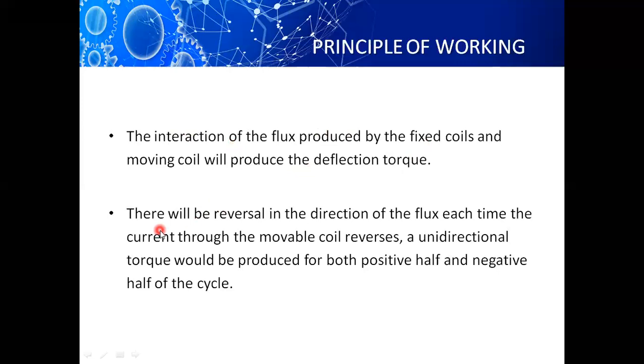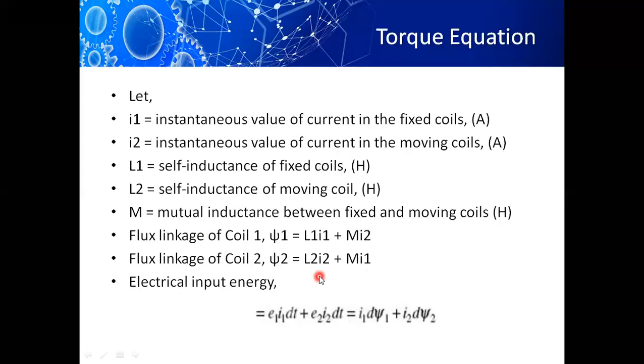Now what happens if there is reversal in direction of flux? When there is reversal of direction in flux, each time the current through the movable coil reverses. Hence, unidirectional torque would be produced for both positive half cycle and negative half cycle of the supply. We will look into it.